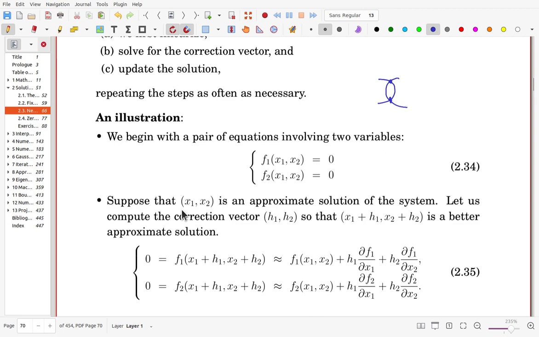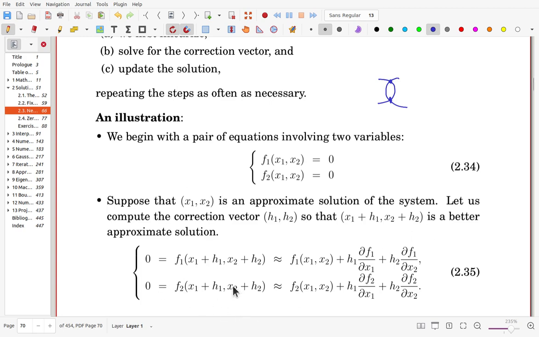Now (x1, x2), you may think of this as the current or initial approximation. We try to find the correction vector so that this update is a better approximation, and ideally it becomes the solution.